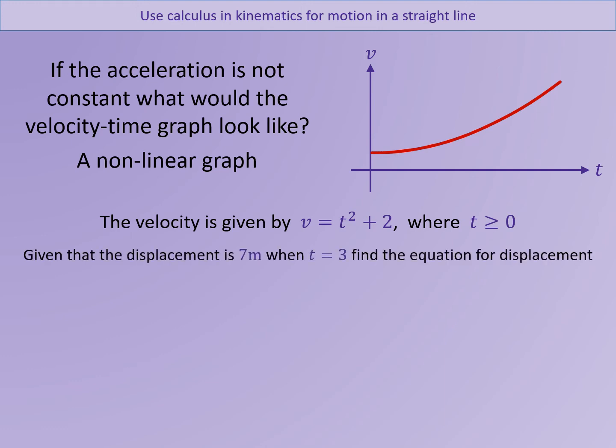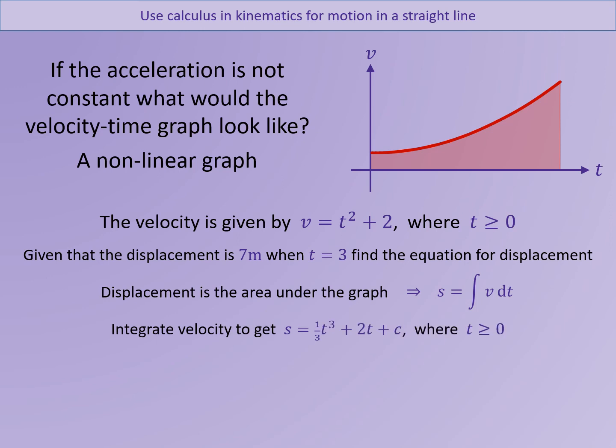Suppose now we want to find an equation for displacement, and we've been told that the displacement is 7 meters after 3 seconds. We know that displacement is the area under a graph, and for curves this can be calculated using integration. If we integrate v with respect to t, we will get s, the displacement.